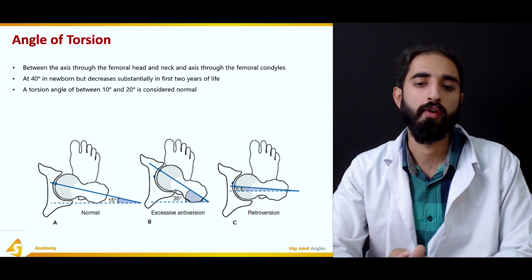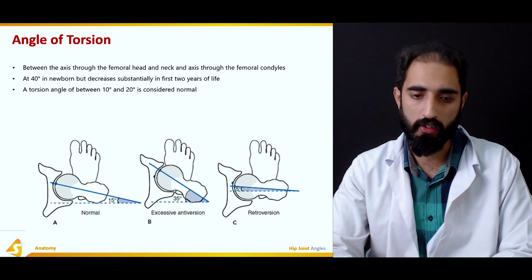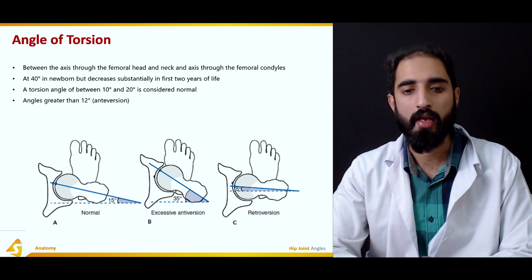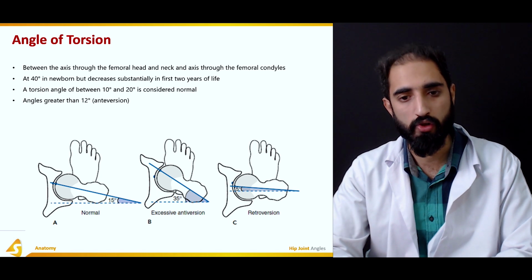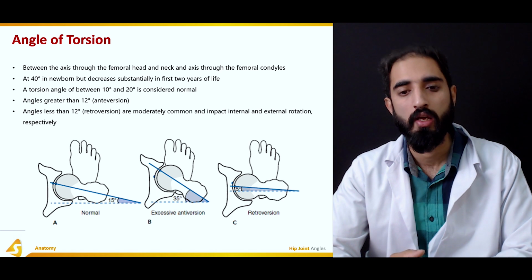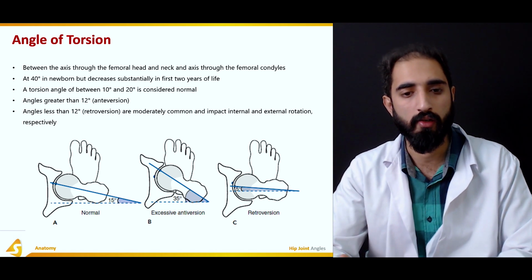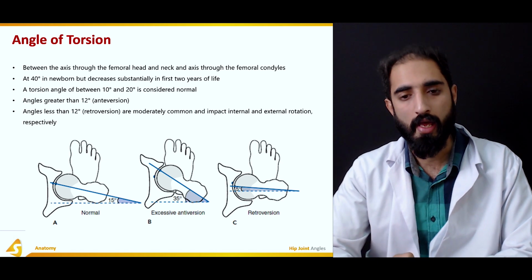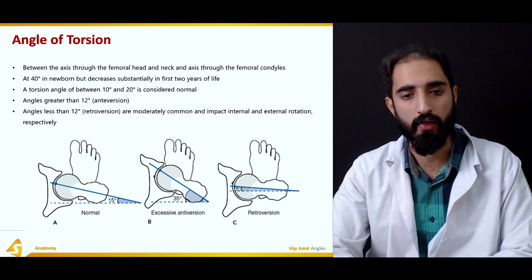A torsion angle between 10 to 20 degrees is considered normal, and the ideal would be around 15 degrees. Angles greater than 20 degrees are known as anteversion, and angles less than 10 degrees are known as retroversion, and are moderately common and impact internal and external rotation respectively. But 10 to 20 degrees is considered the normal range for the angle of torsion.